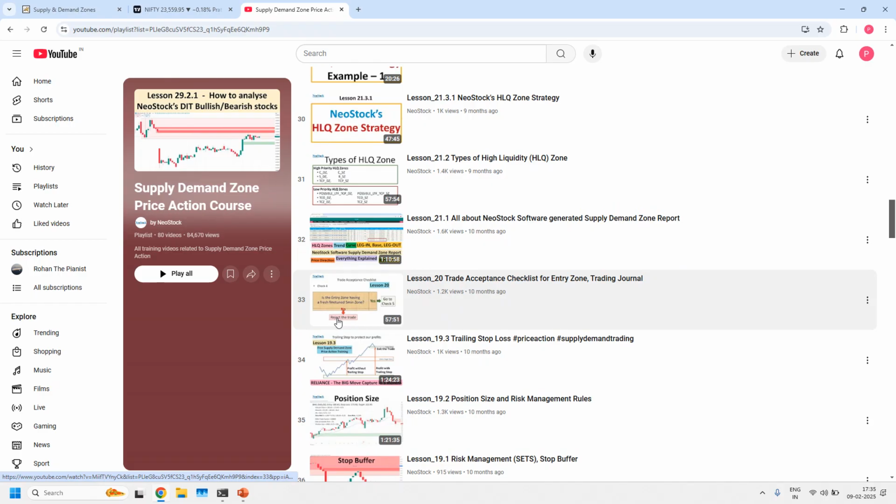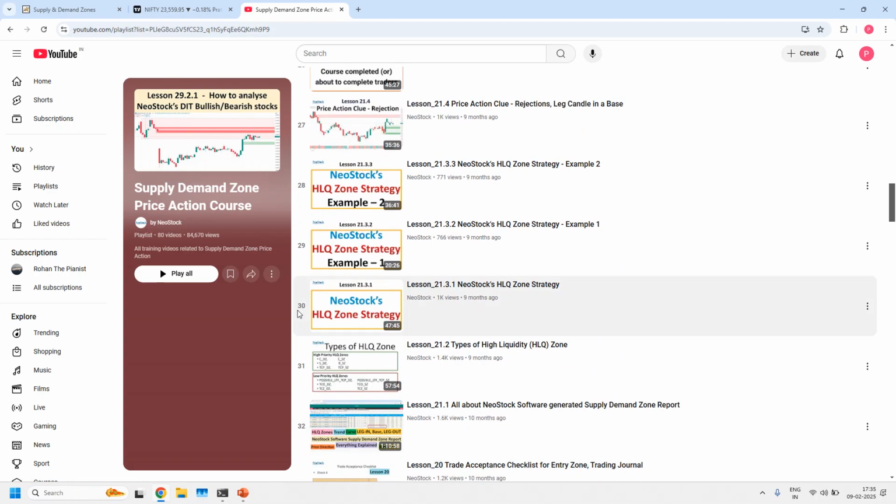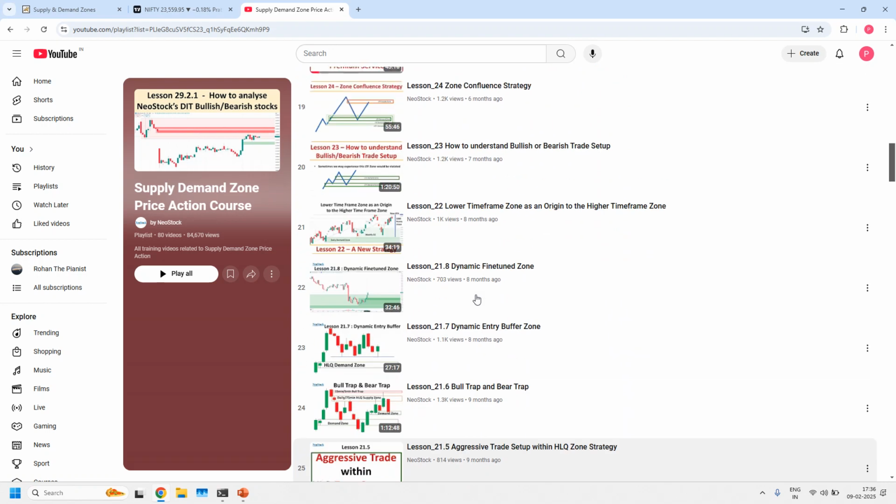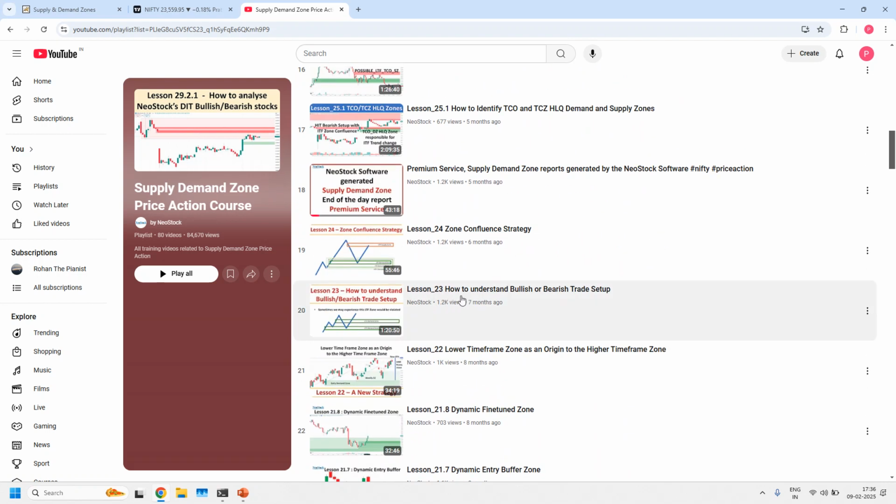Which lessons you must complete? One is lesson 23. Here in lesson 23, how to understand bullish and bearish trade setup, you must complete. You should also complete lesson 24, zone confluence strategy.